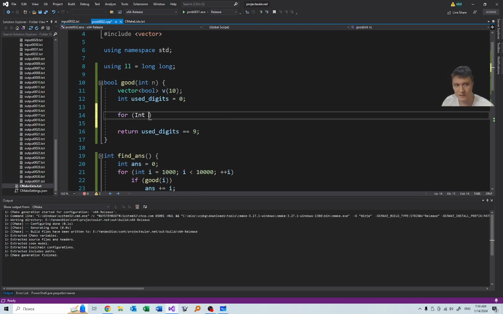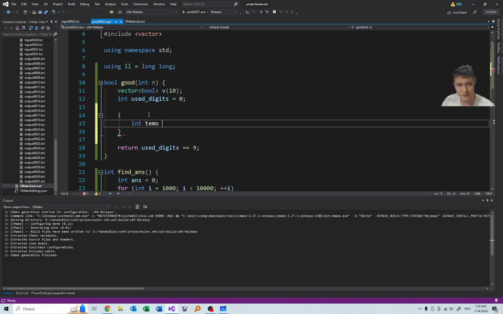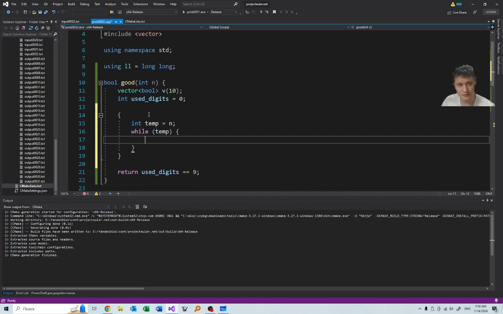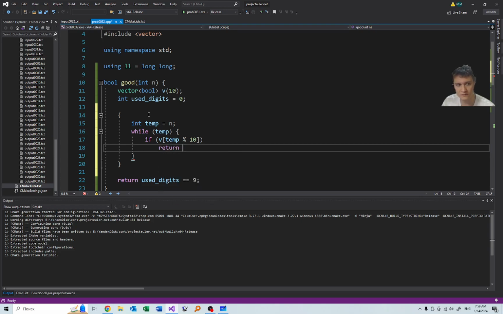So let's iterate over them. We say int temp equals n, while temp, if v of temp % 10 is already used, we immediately return false.